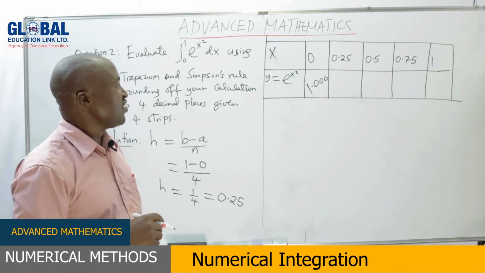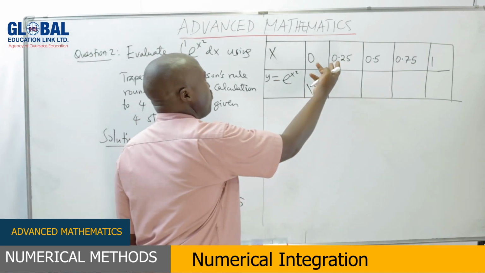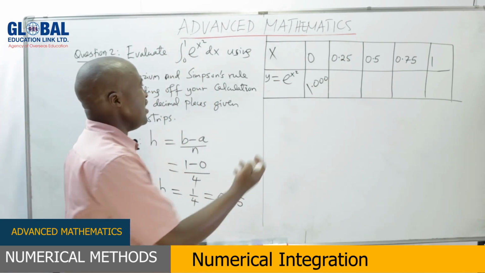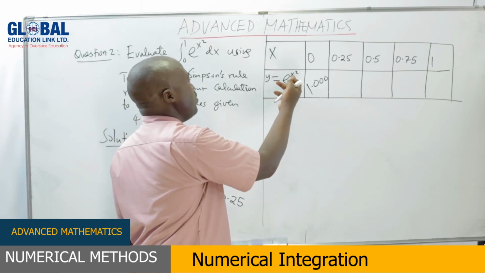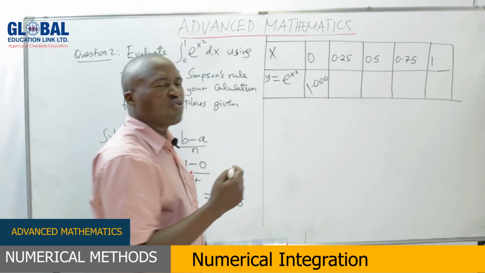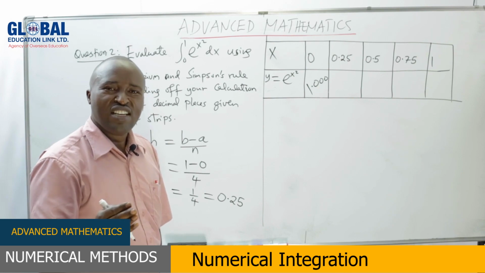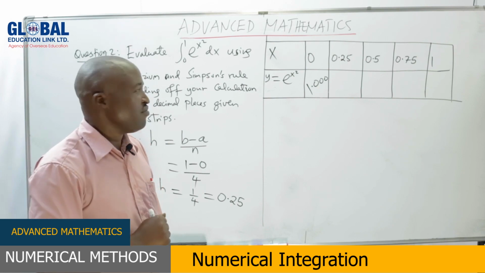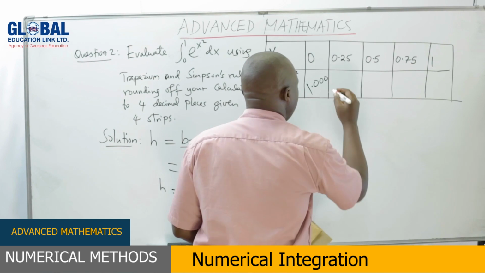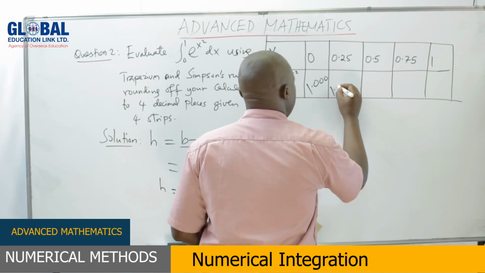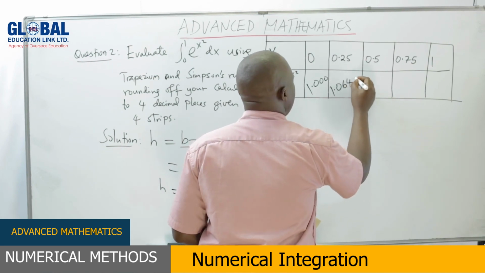Okay? So we proceed with 0.25. That is e raised to 0.25 squared. So just use your scientific calculator. In this case, we are going to have 1.0645.